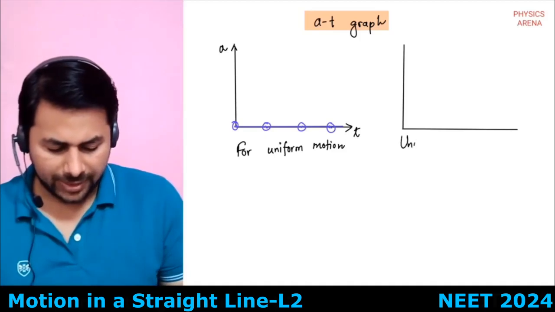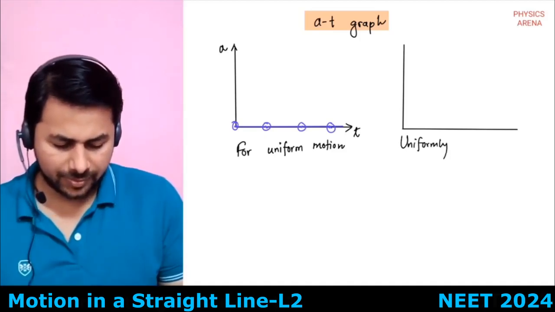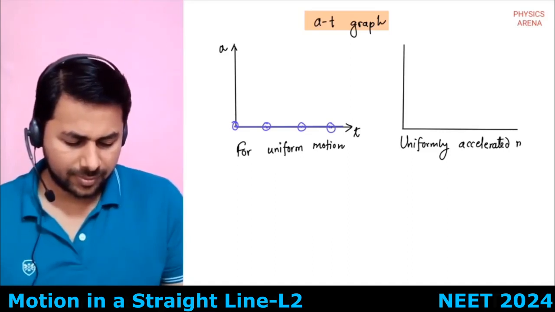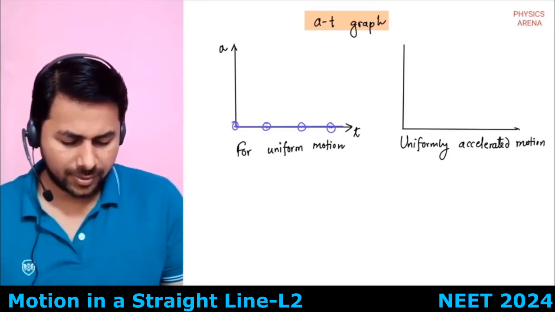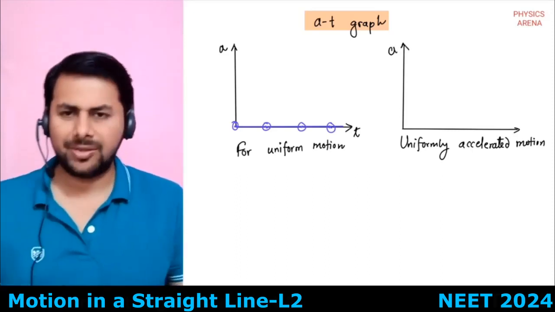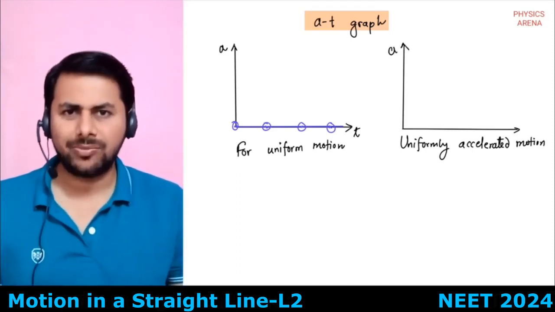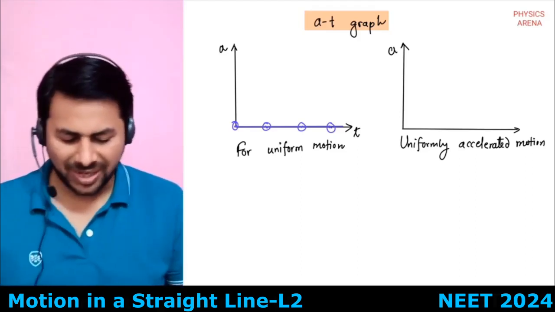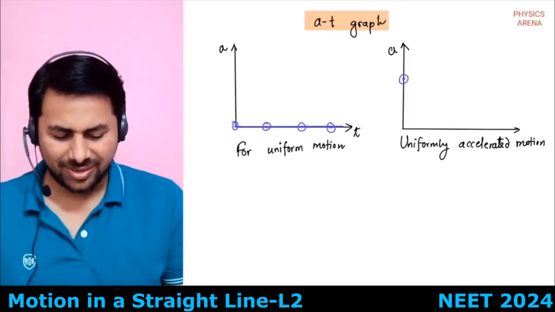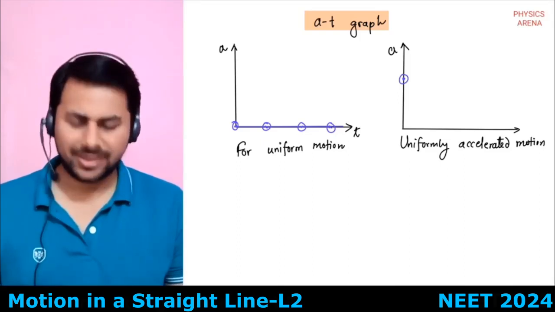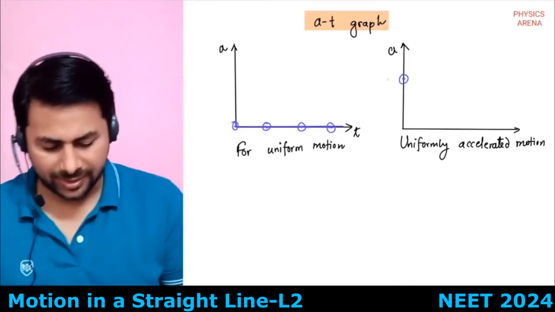For uniformly accelerated motion, acceleration is uniform. So what does it mean when I say acceleration is uniform? Uniform means constant. So now can you tell me? Parallel to the t-axis, right? It's a straight line parallel to the t-axis.